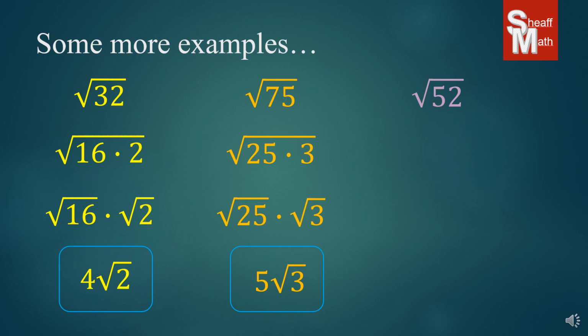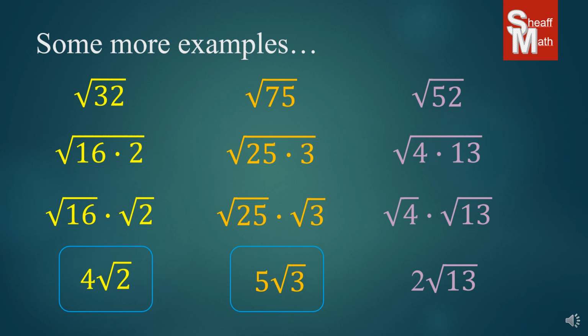Does 4 go into 52? It does. Does 9? No. 16? No. 25? No. So I think 4 is our only one. Yeah, 4 times 13. So the square root of 4 times square root of 13, we separate those and we simplify that 4 and we get 2 square root 13.